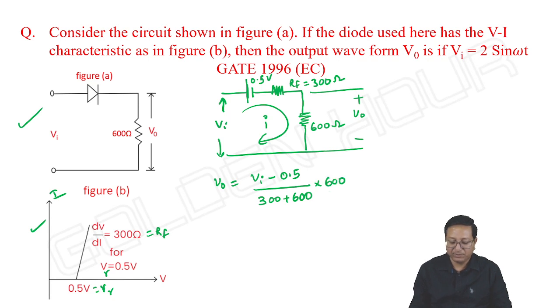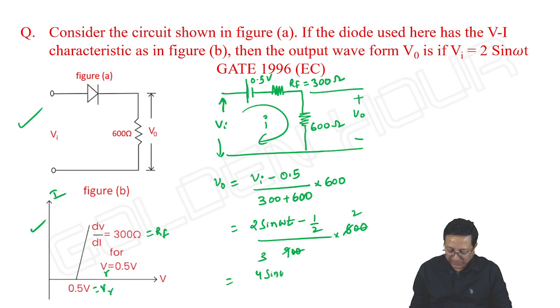Current multiplied with voltage. So what is V input? It is 2 sine omega t minus 1 by 2 divided by 900, and it is 600. So 4 sine omega t minus 1 by 2 into 3 multiplied with.